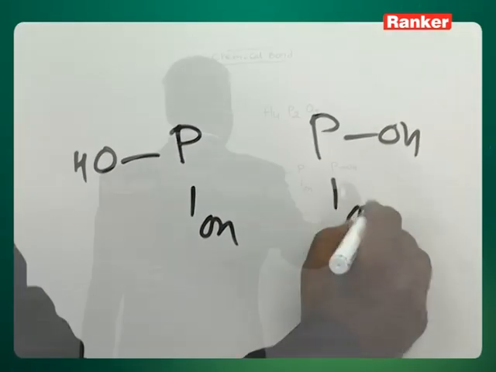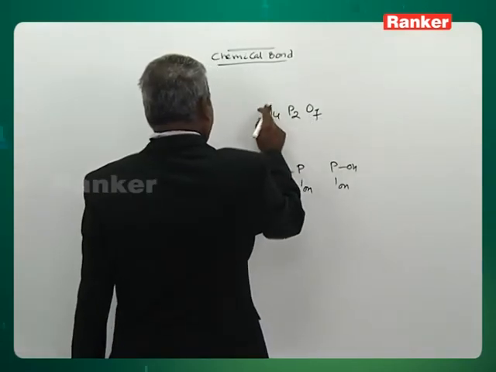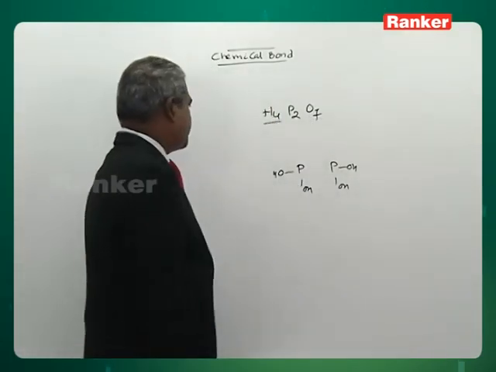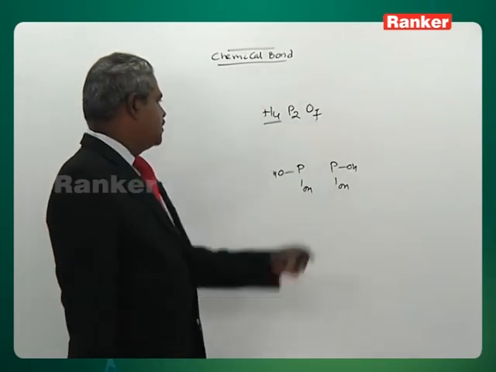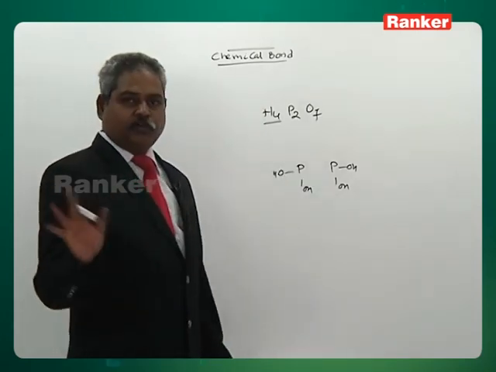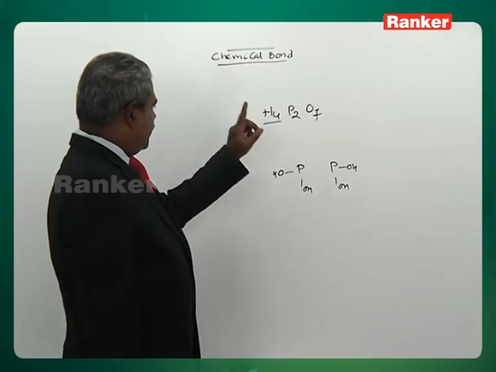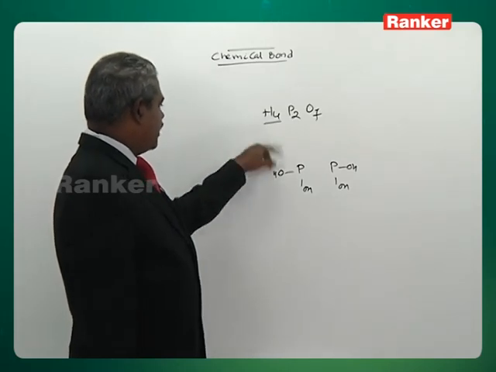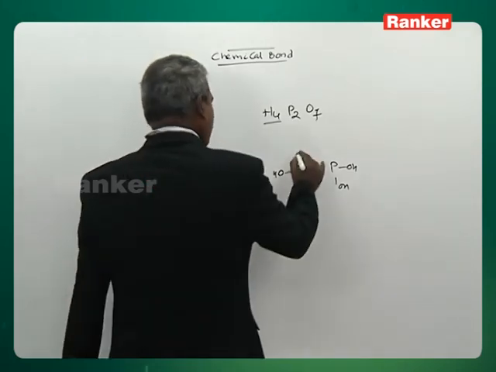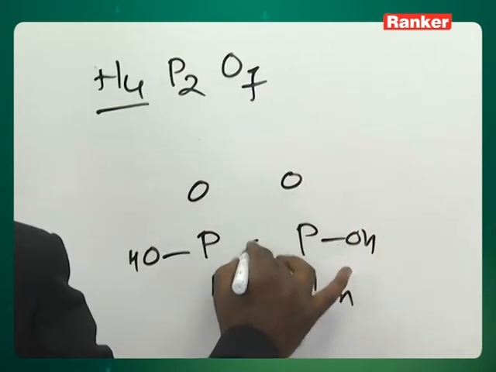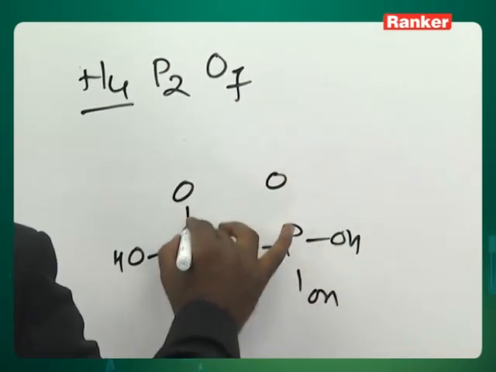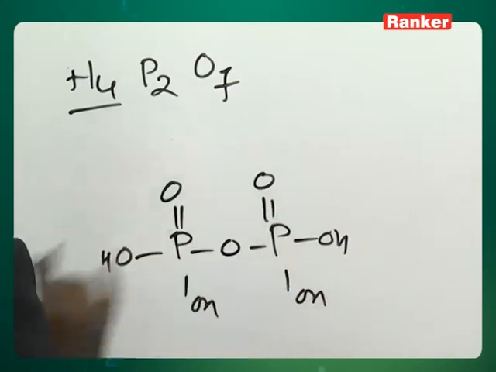How do you know the number of OH groups? The number of OH groups is equal to the number of hydrogens present. If you have 4 hydrogens, 4 OH, except in 2-3 cases, don't bother about them. It is universal. And 3 more oxygens distribute equally, and the 7th oxygen in the middle is shared by both.